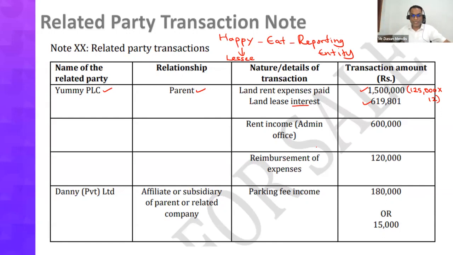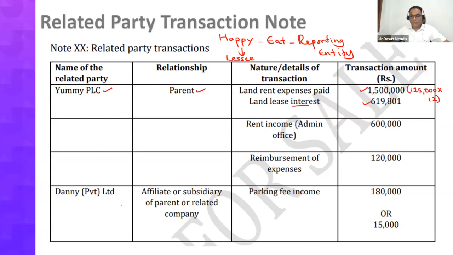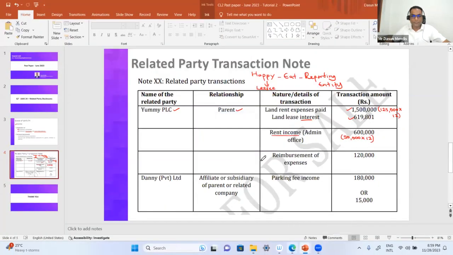Then it was mentioned in the question that the parent company is utilizing the ground floor of the building constructed by the subsidiary, and for that utilization of the ground floor, the parent company is paying a monthly rental of 50,000 into 12, how much? 600,000. This would be a rent income to Happy Eat, right?